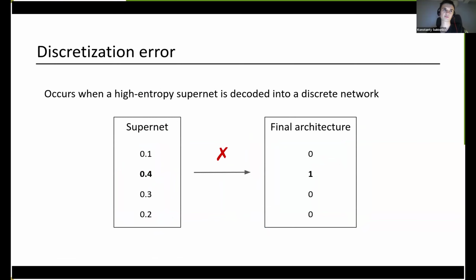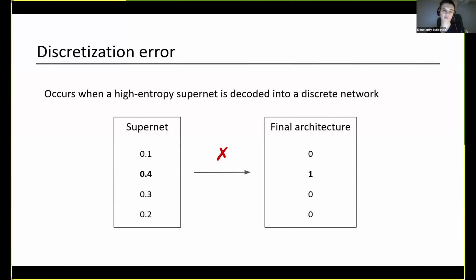Yeah, and DNAS in general is very efficient, but suffers from a few issues. The issue that we study in this paper is the discretization error. And this occurs when we try to discretize a supernet that has a high entropy of architectural parameters. This issue has already been mentioned and talked about in the literature.